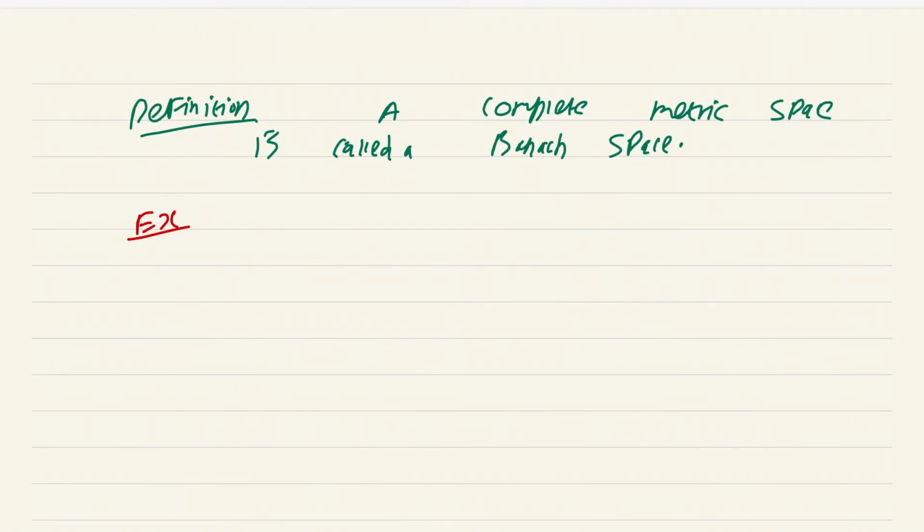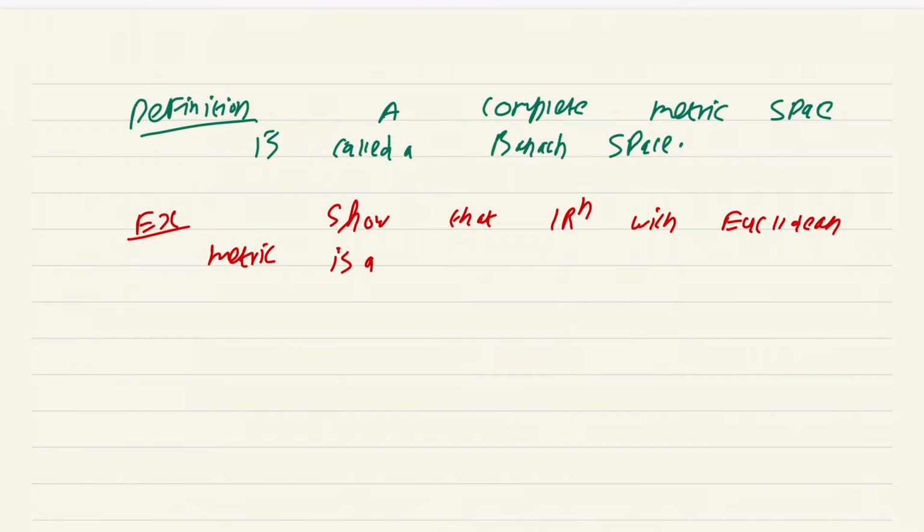R is obviously a Banach space. Show that R^n with Euclidean metric is a Banach space. This is a rather important exercise, but not very challenging.